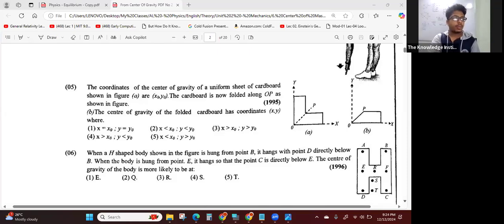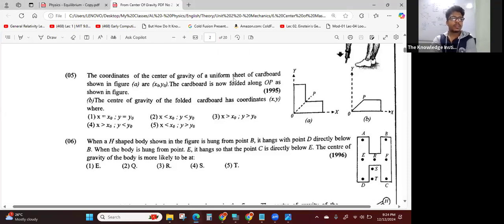Okay. The coordinates of the center of gravity of a uniform sheet of cardboard shown in figure A are x naught, y naught. The cardboard is now folded along OP as shown in the figure. The center of gravity of the folded cardboard has coordinates x, y, where? Okay.